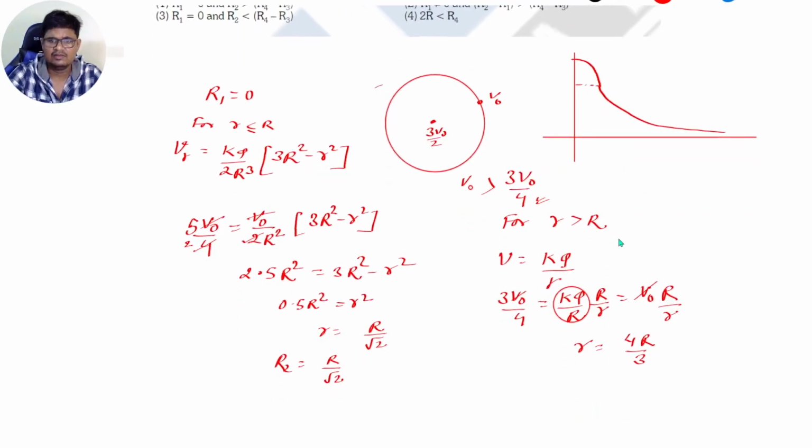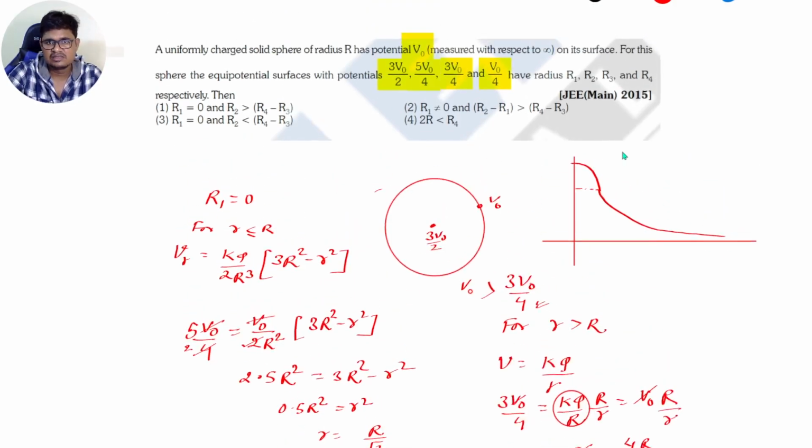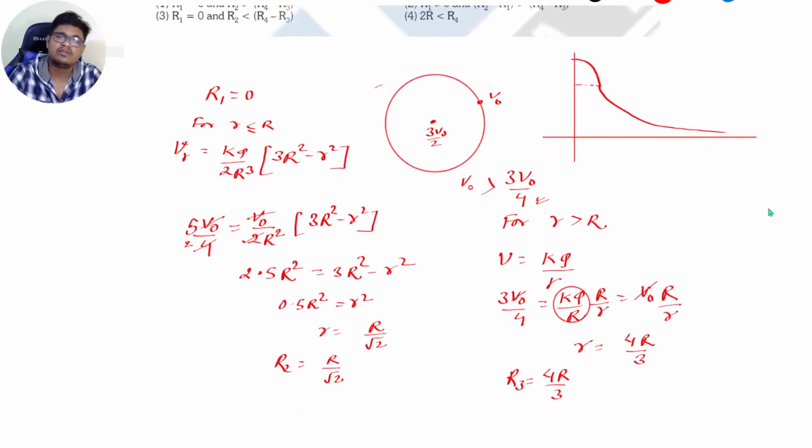That means this is your R3. R3 is 4R by 3. We got R3 here. Similarly, for V naught by 4, if we try to calculate, again this is potential for the outer point.